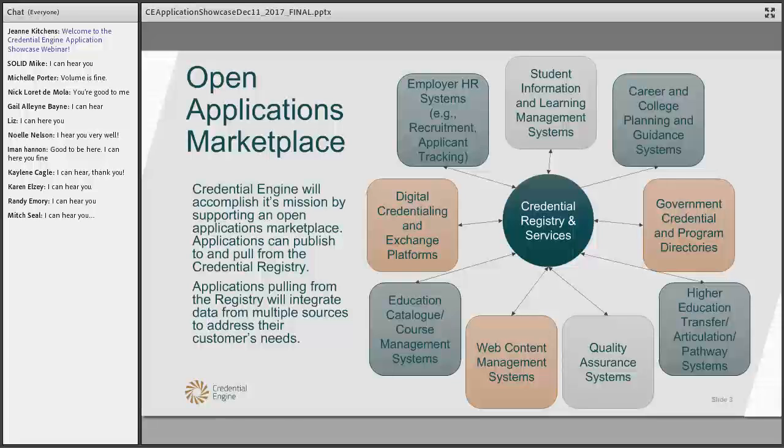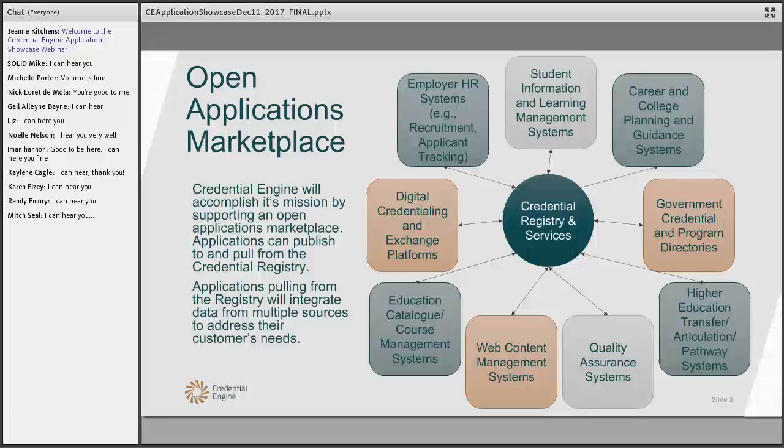As an example of an open applications marketplace, what we mean by that is, for example, human resources systems for recruiting or employee information or training information may have applications specific to employer services. Digital credentialing is an area, for example. Web content management systems, government credential and program directories, college and career planning systems are other examples.